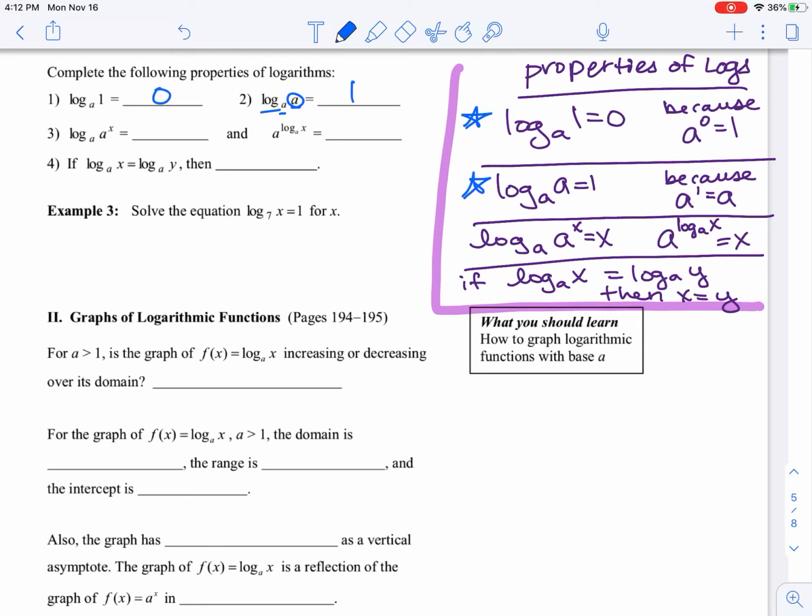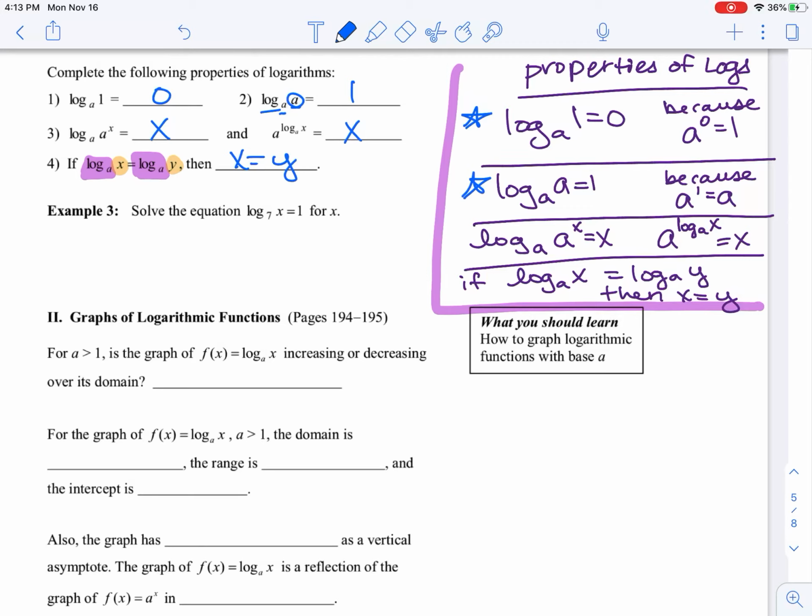And then log base a of a to the x, which cancel each other out, leaves me x. And a to the log base a of x also cancels each other and leaves me the value of x. And then lastly, if log base a matches on both sides, then we know log base a of this value of x equals log base a of this value of y, then we know x equals y.